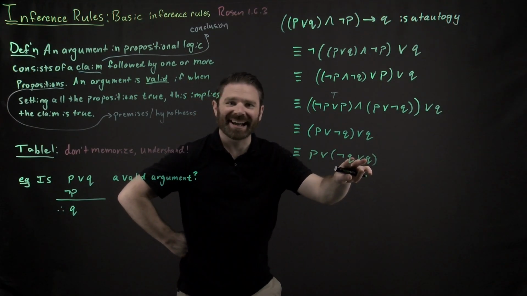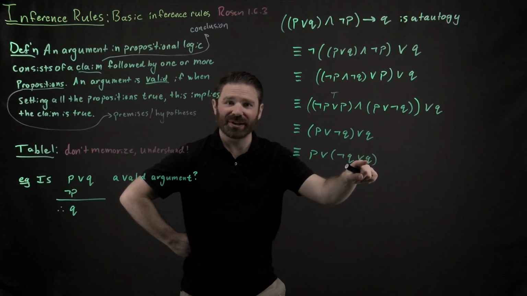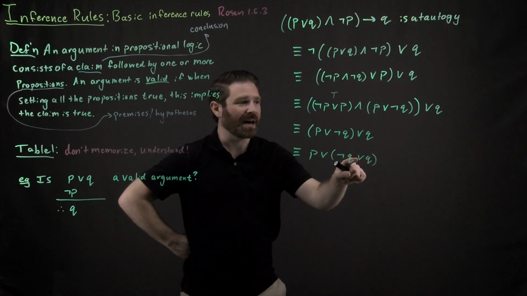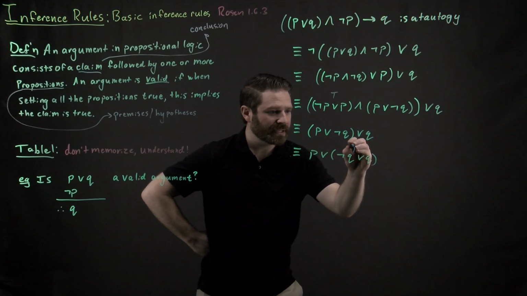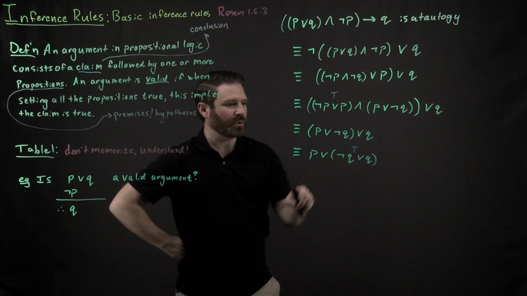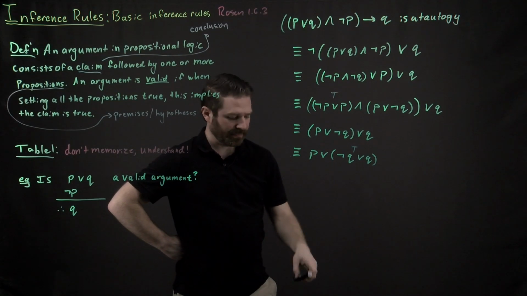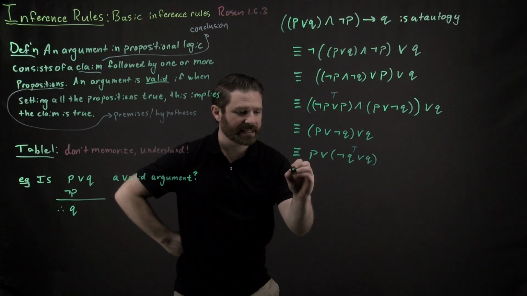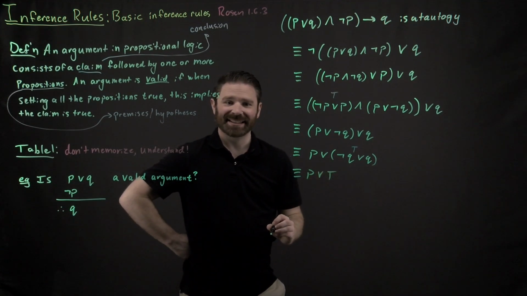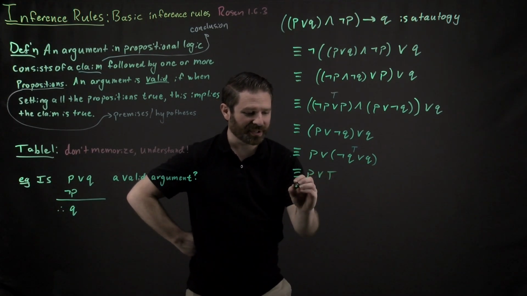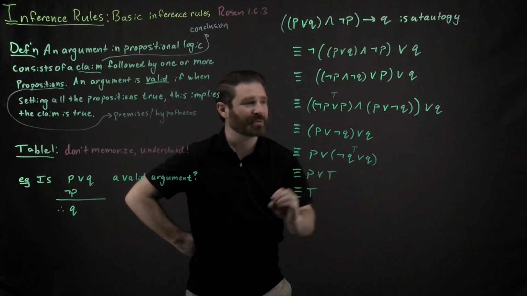Well, here again, I have that same not Q or Q, and I remember from my various rules that this thing is always true. Not Q or Q, that's going to be a true statement. So I've been able to show that this is logically equivalent to P or true. Well, P or true, that's always going to be true.